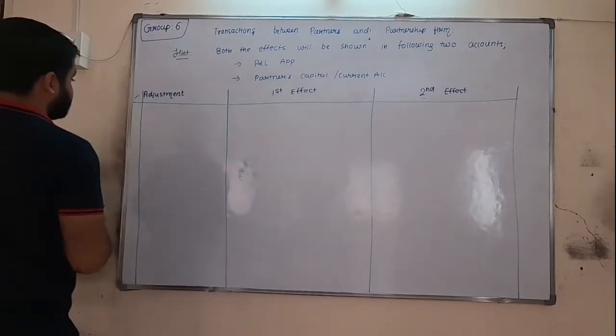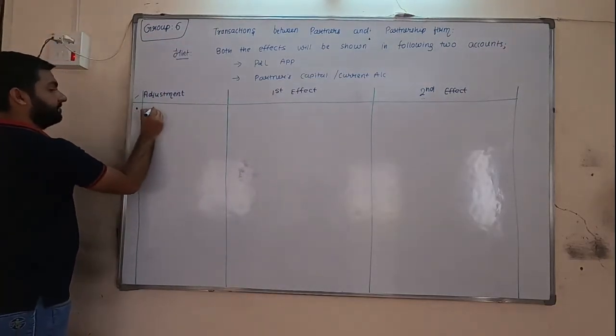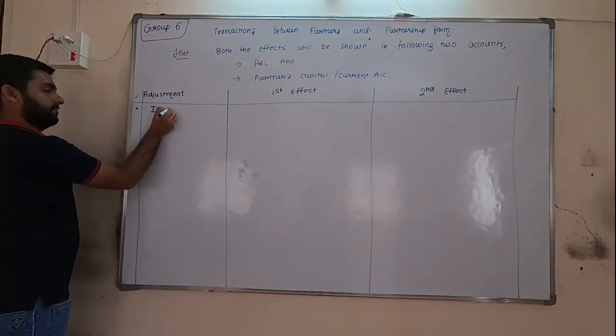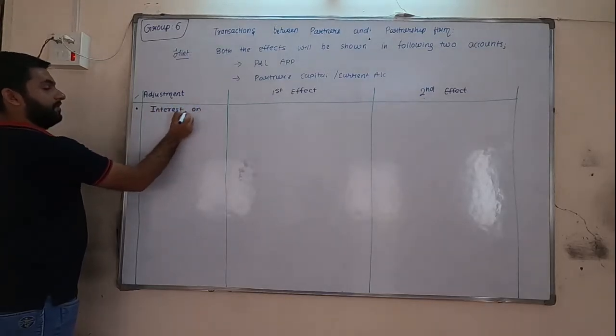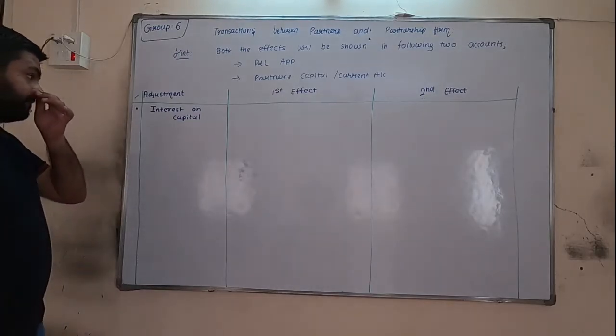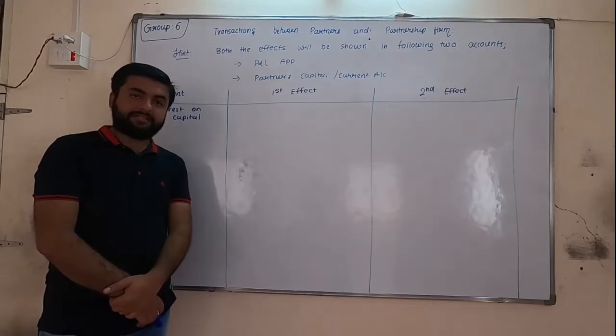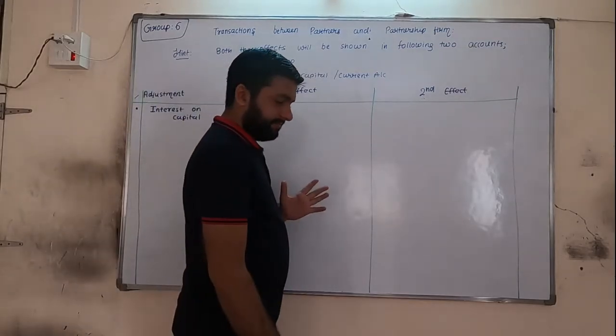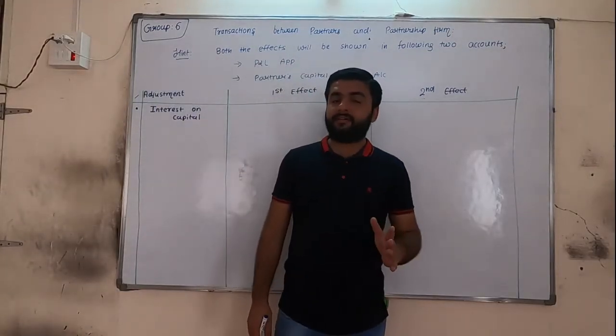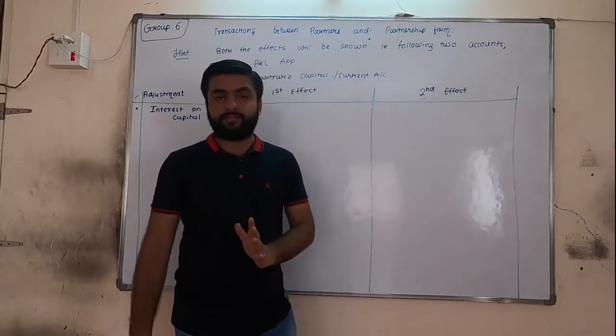The first adjustment is regarding interest on capital. Okay friends, interest on capital, where first effect and where second effect. As I said, how to show this information.